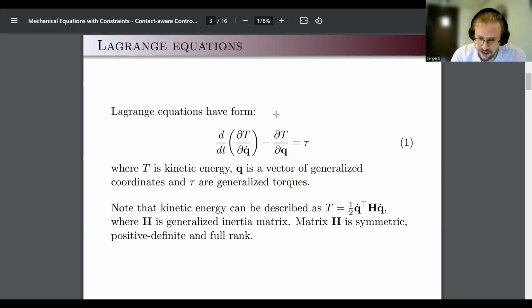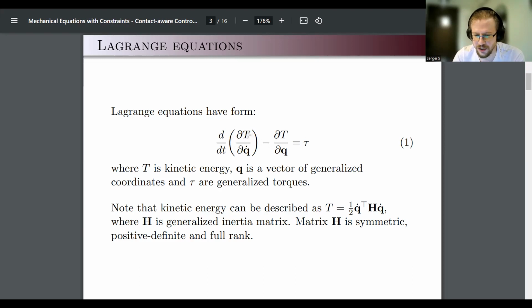One good reason is you can derive it directly from Newtonian equations. If you believe in Newtonian laws, then you can derive it directly from them. The derivations are not so difficult. Another way to say it is that there are various principles of optimality that allow you to derive this.